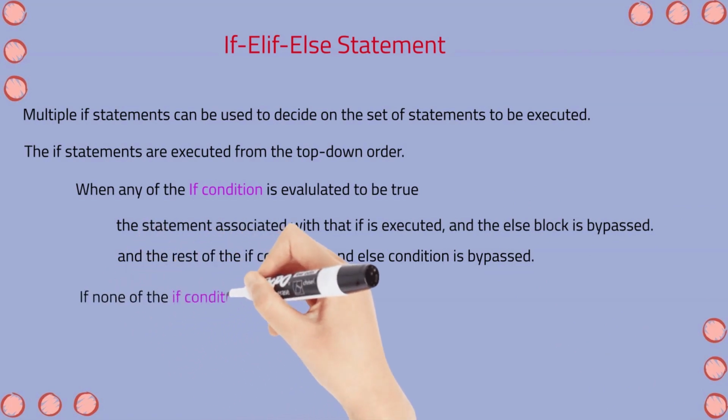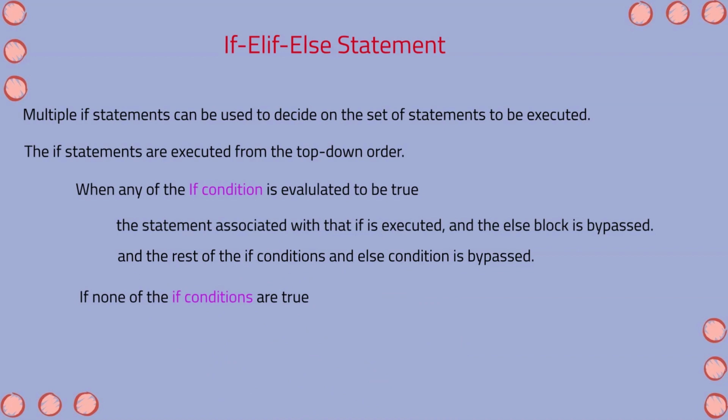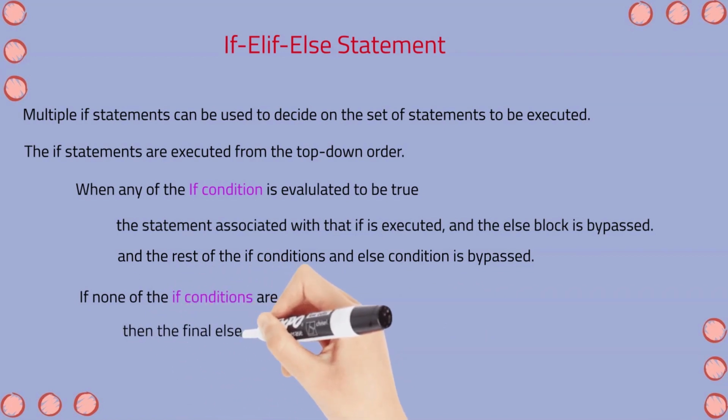If none of the if conditions are evaluated to be true, then the final else block with its set of statements will be executed. This means that at most only one block of code can get executed at a time, either from an if block or the else block.